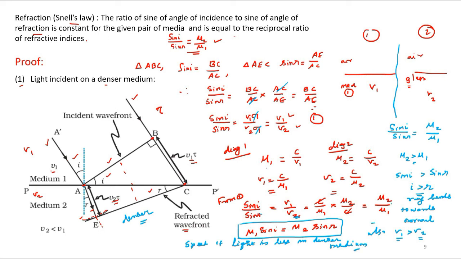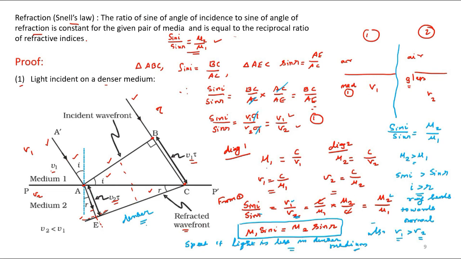Why? Mu2 is greater in a denser medium, so V1 should be greater. V1 is the speed in the first medium. Speed in the first medium is greater, the second medium is lesser, the second medium is denser, so speed of light is less in the denser medium. So by a simple proof, you also get the idea that the ray bends towards the normal.